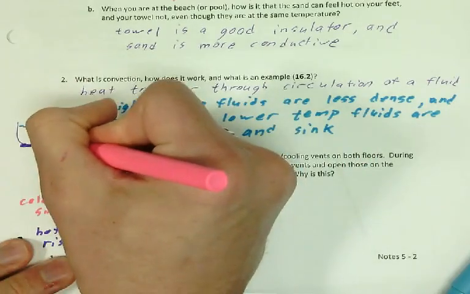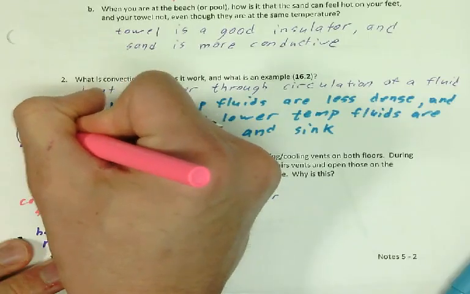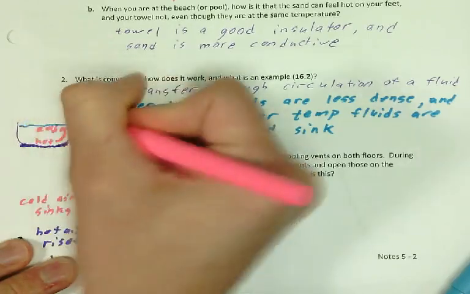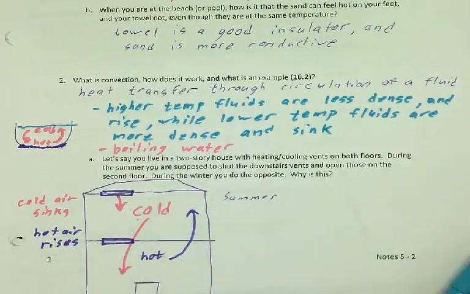Hot is less dense, so it rises. Up at the top level, you have colder water. That colder water sinks. And then that colder water gets heated up by the pot, which then causes it to rise. And the cooler water, that's near the top now, sinks and gets heated up. And you continue this process until all the water is the same temperature.